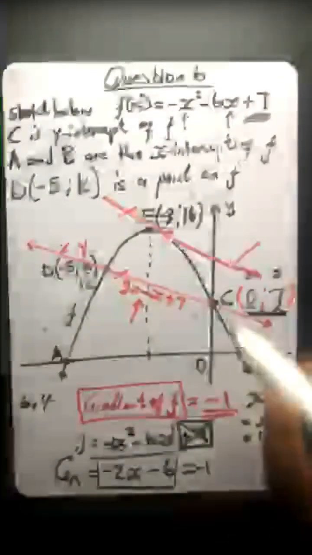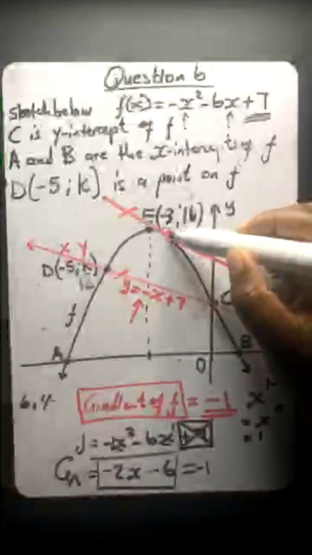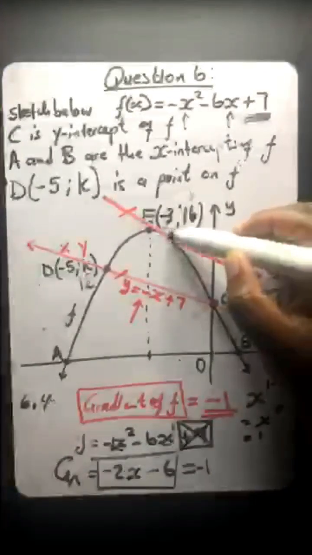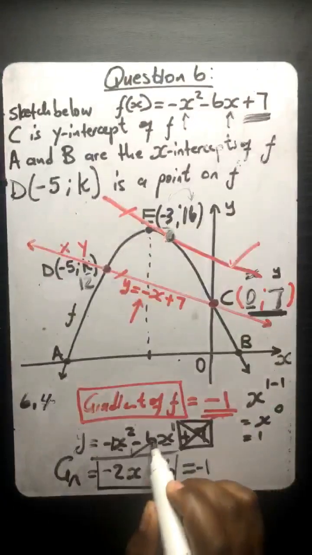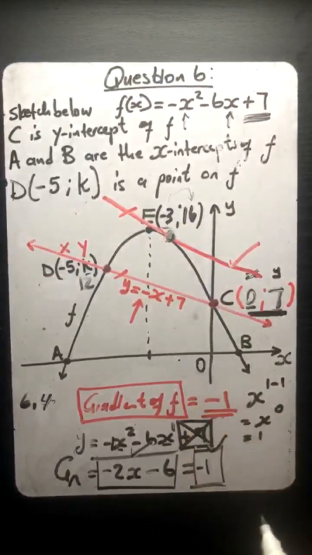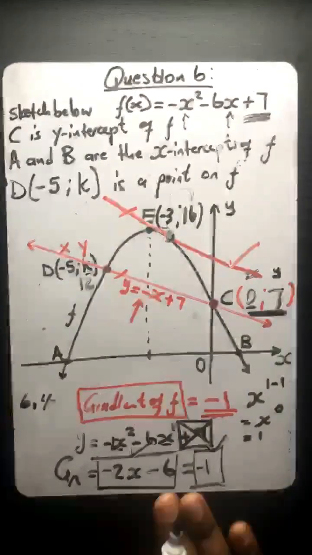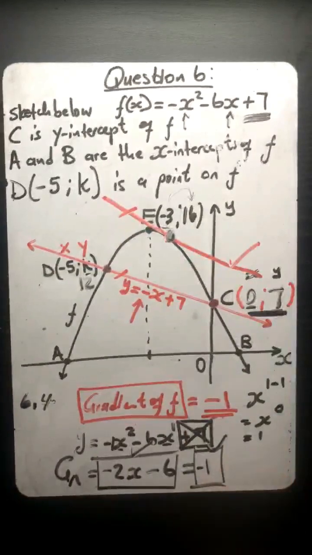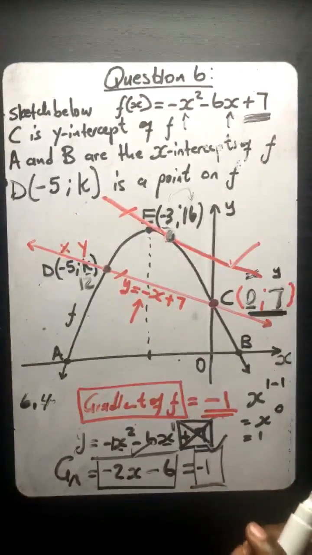So now we are looking at the gradient at the point of intersection of that straight line which is parallel to that. So we have the gradient of a parabola. We also have the gradient of that straight line. Then we are done. Once you are able to do that step, Rosie, you are done.